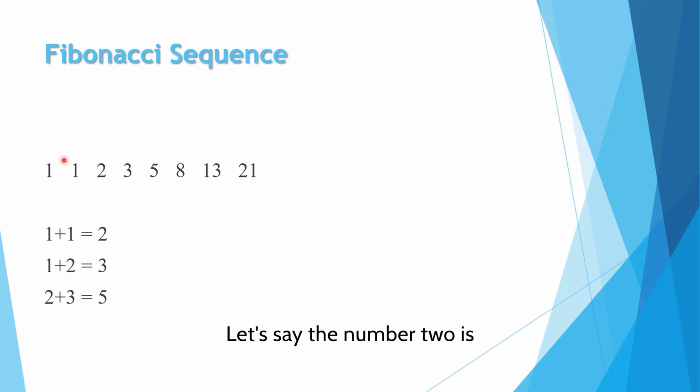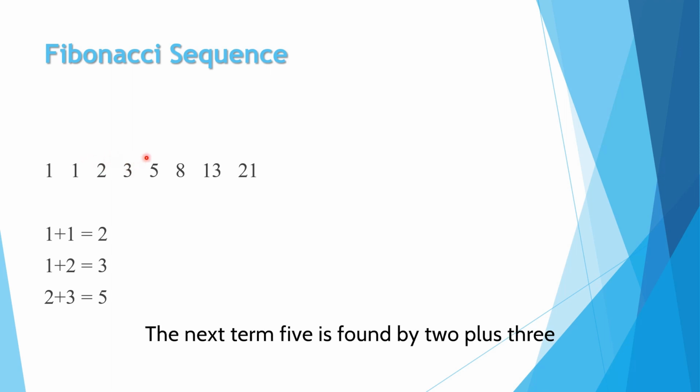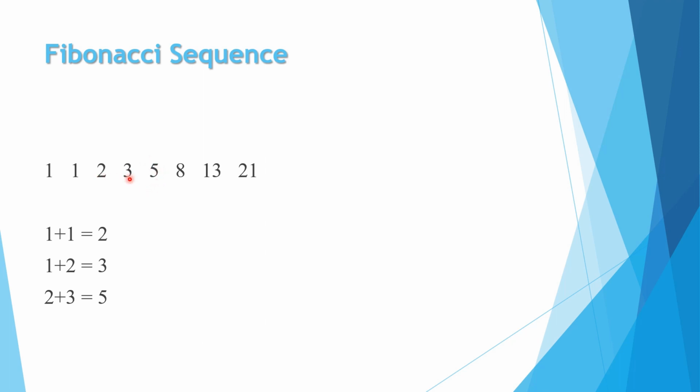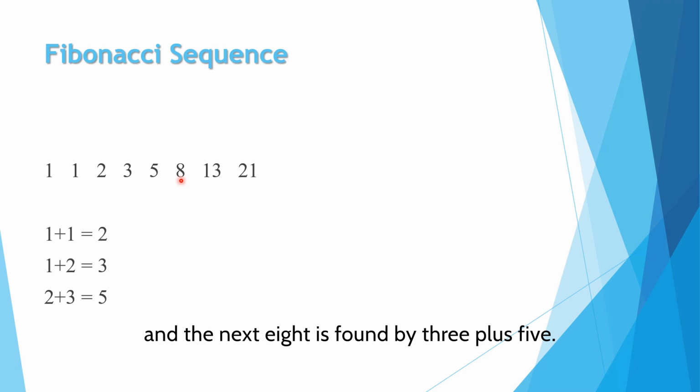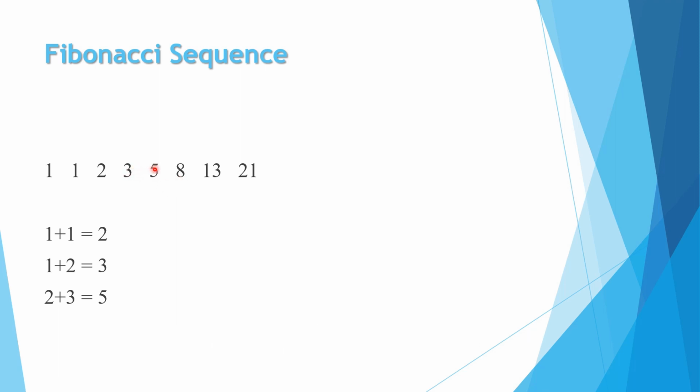Let's say the number 2 is found by adding 1 and 1. 1 plus 1 goes to 2. And then the next term after that is found by 1 plus 2 equals 3. And so forth. The next term 5 is found by 2 plus 3. And the next, 8, is found by 3 plus 5.